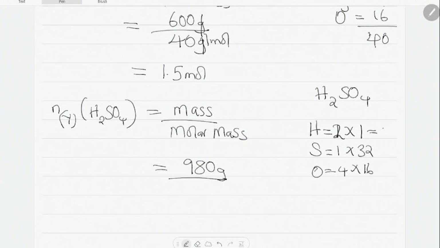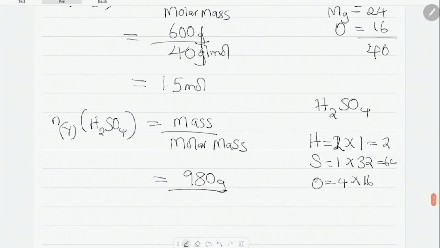Then this is going to give us 2. Here we are going to get 64, which is 4 multiplied by 16. Here we have 32.